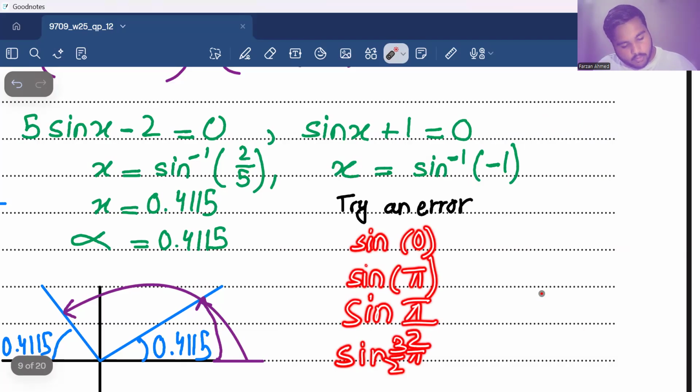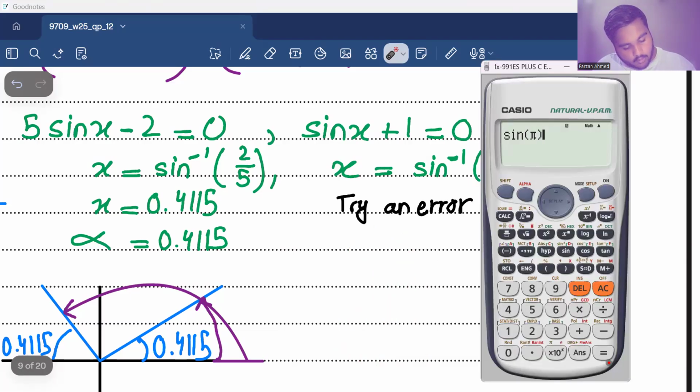Now sine pi, no, minus 1 is not obtained. Now sine pi upon 2, 1 is obtained. Now 3 pi upon 2. Yes, so 3 pi upon 2 gives minus 1.